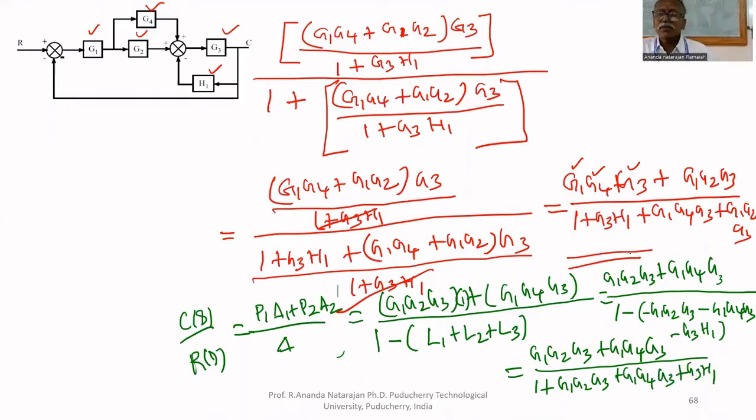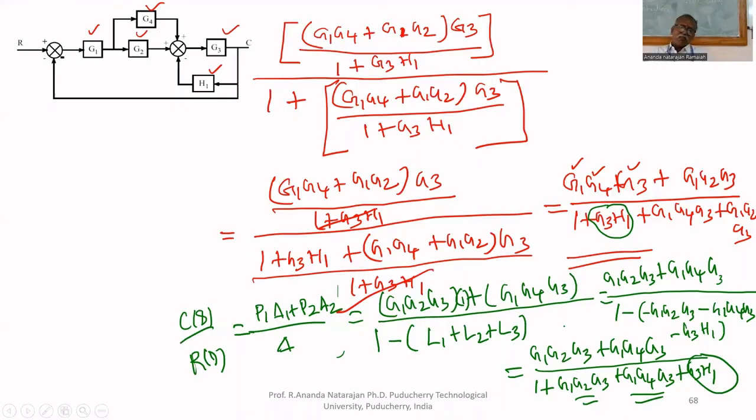The G3, H1 is there in the denominator with 1 plus, and the G1, G4, G3 and G1, G2, G3 terms are also there, and the same in the numerator. In both methods, we got the same result.